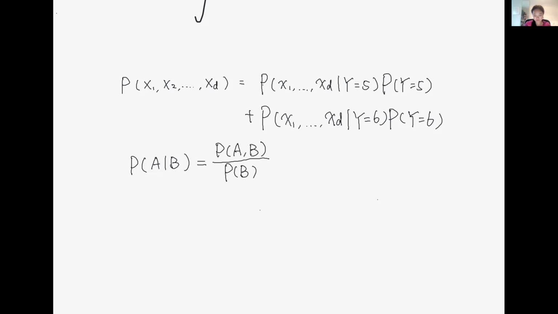What is the chance of A and B happening together? It is the combination of A and B. So that is the expansion of this. In this case, we can transfer this x1 multiplied to xd into this equation.